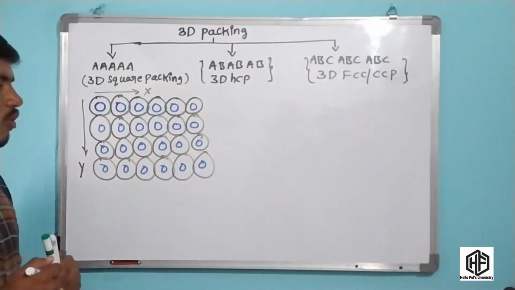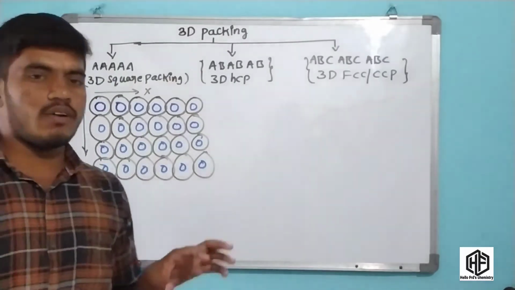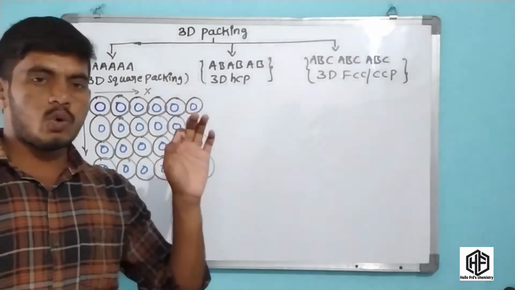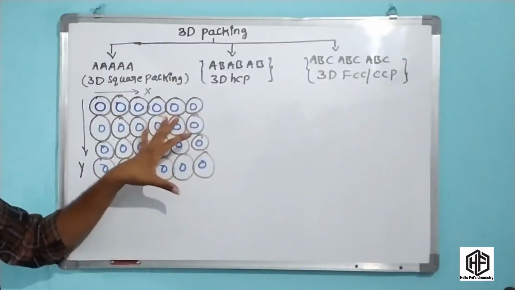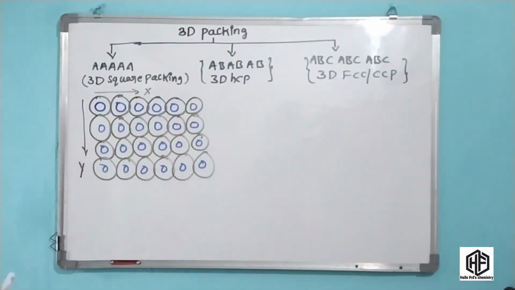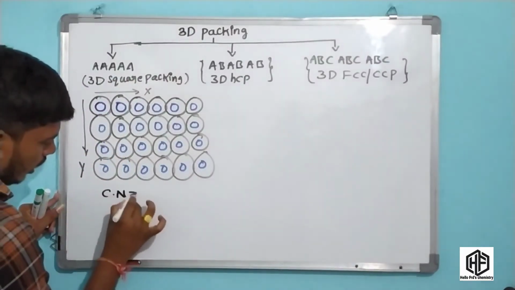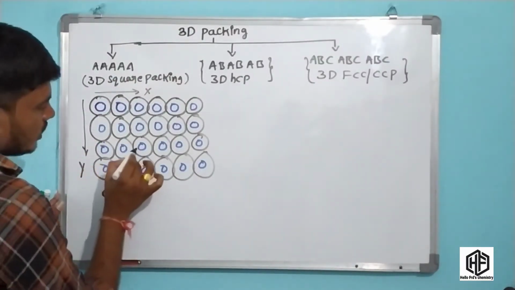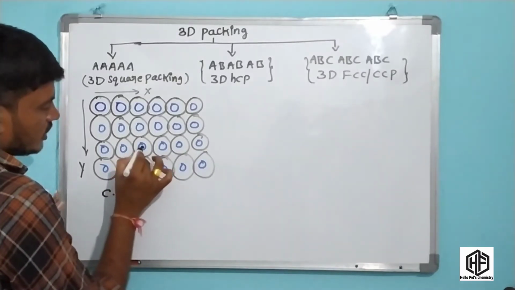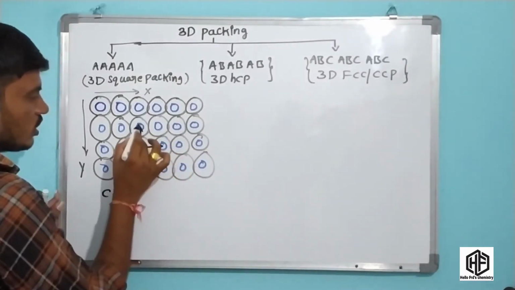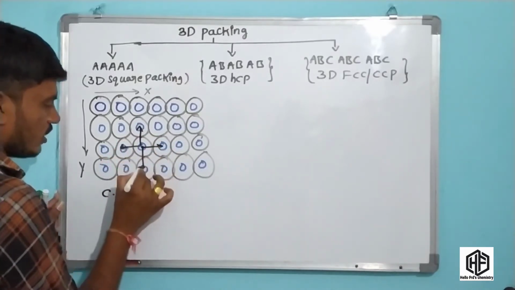Now we will talk about the coordination number of the three dimensional square packing. Friends, now we have to imagine this three dimensional square packing. Consider this atom. Okay friends, this atom touches this atom, this atom and this atom.